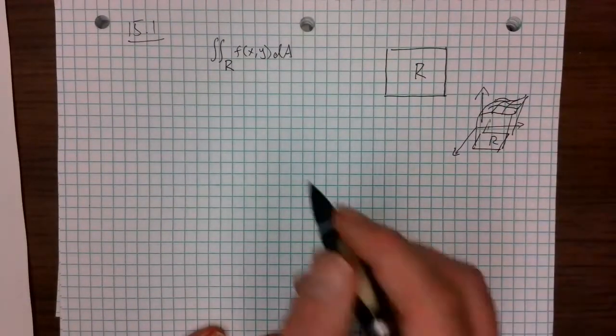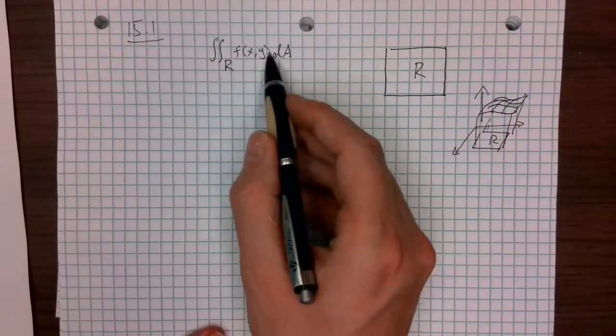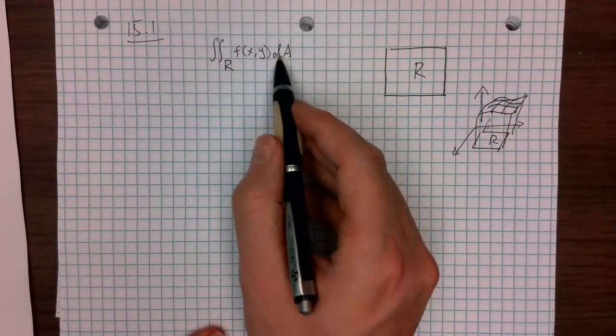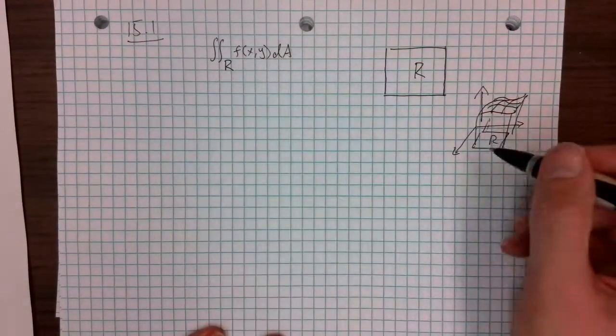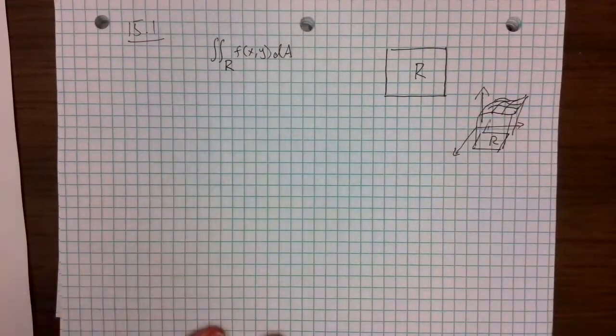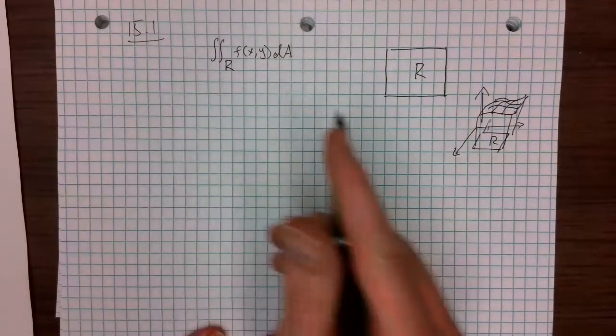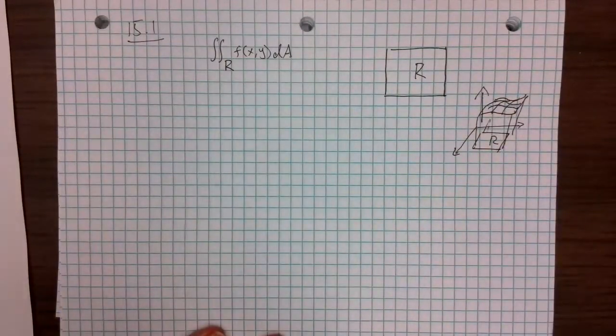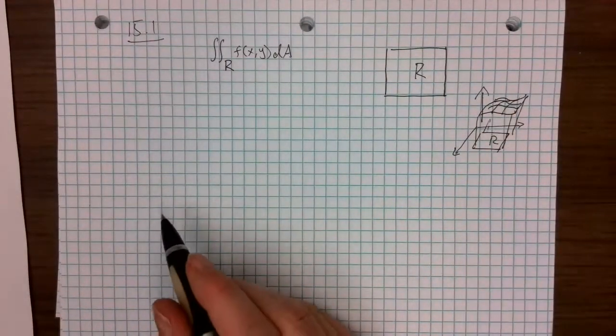So it's really the height f times the area of the base. But of course, on each little infinitesimal piece, we'll get to that in a moment.